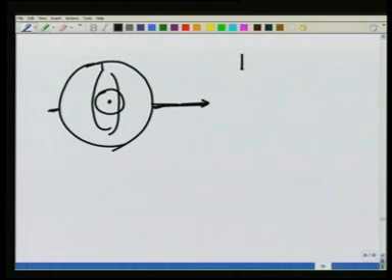If this angular momentum, that is the angular momentum of the inner wheel, this wheel spin, is Ls, its horizontal component coming out of the screen is going to be Ls sine theta, Ls horizontal.